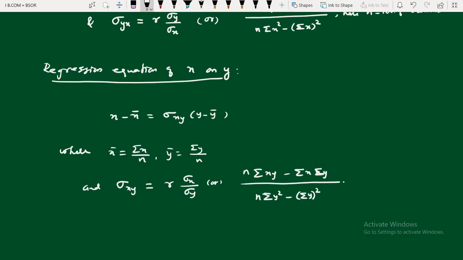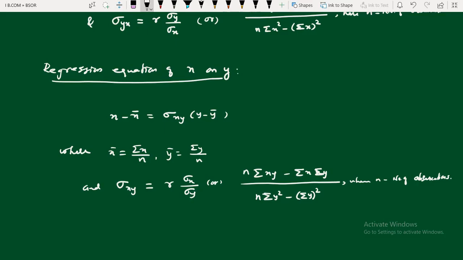The same, n is the number of observations or data. So these are the two major equations in regression analysis. For the given data, we have to find these two regression equations.